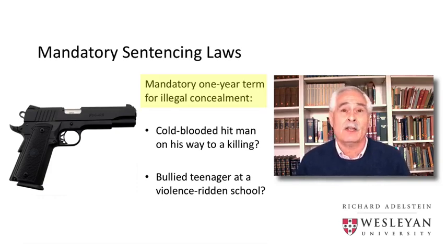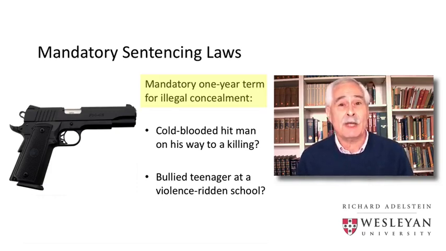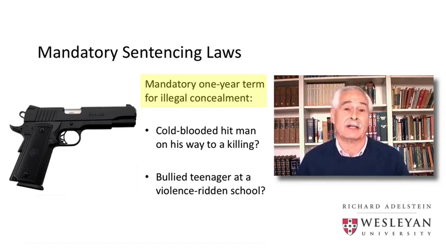One morning you happen to be faced with two cases, one right after the other, that both have charges relating to this mandatory sentence. That is, we have two different defendants, each of whom has been arrested for illegally carrying a handgun.